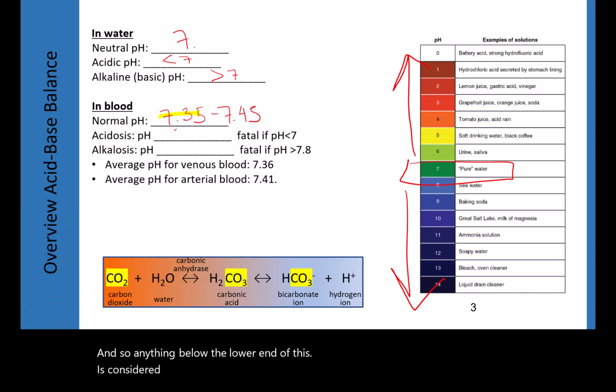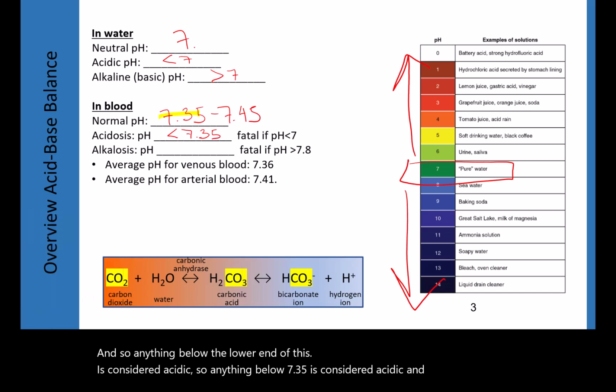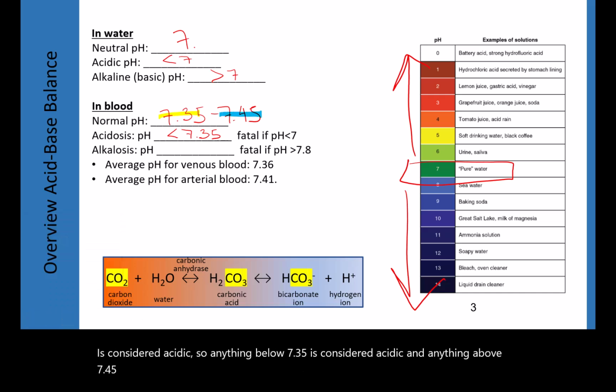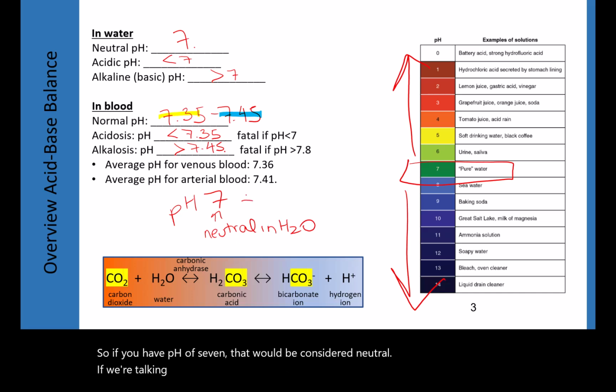So anything below 7.35 is considered acidic, and anything above 7.45 is considered basic. So if you have pH of 7, that would be considered neutral if we're talking about pure water, but that would be very acidic when we're talking about blood.